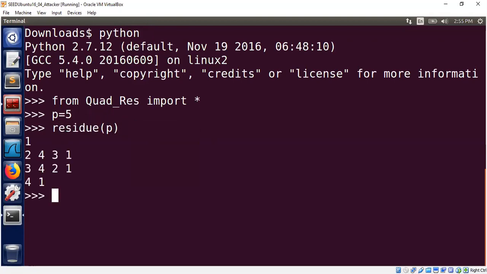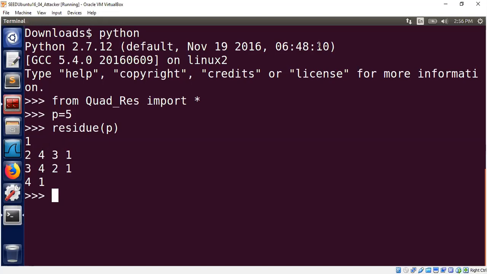So what you see is a small table, right? There are 4 columns, and as you may remember, Zp star is made of elements from 1 through 4: 1, 2, 3, 4. The second column is what we are interested in studying. For example, 4 is a quadratic residue because 4 can be represented as 2 square.